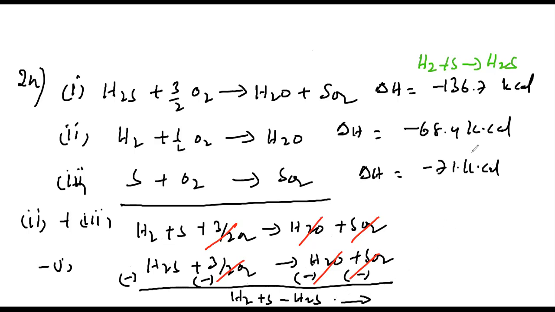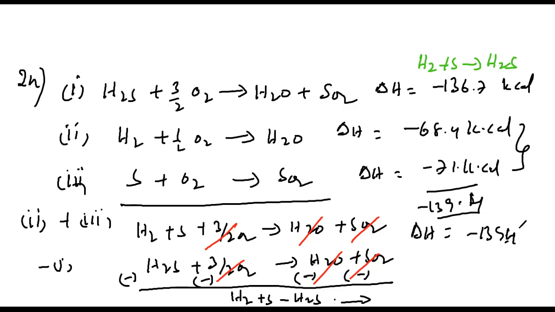We have added these two equations, so the delta H value is minus 139.4 kilocalories, and we have subtracted equation 1.